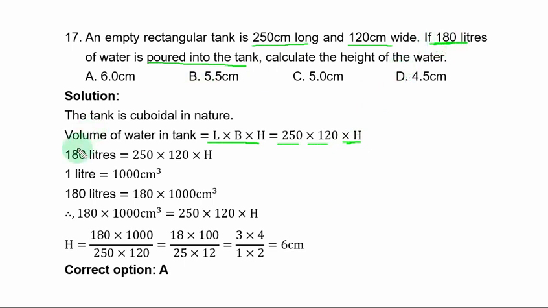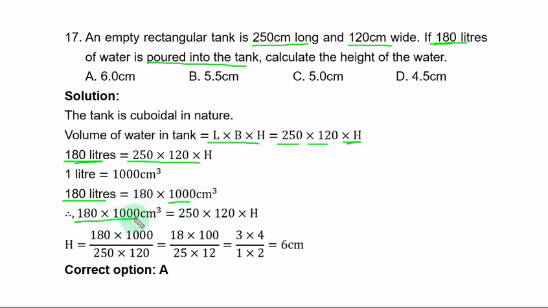The volume is given in terms of liters. So you have 180 liters equal to the right hand side. To convert this to cubic centimeters, because of the other units attached to the length and the width, you multiply 180 liters by 1000 cubic centimeters to convert it to centimeters.